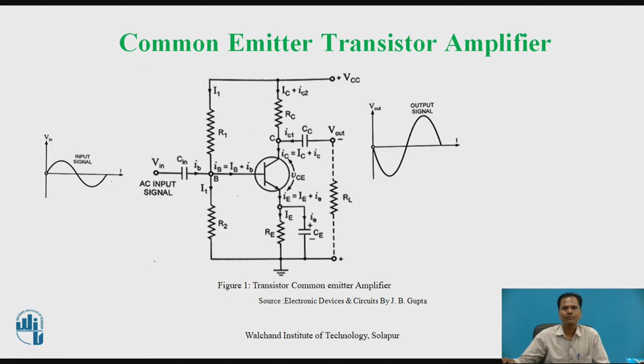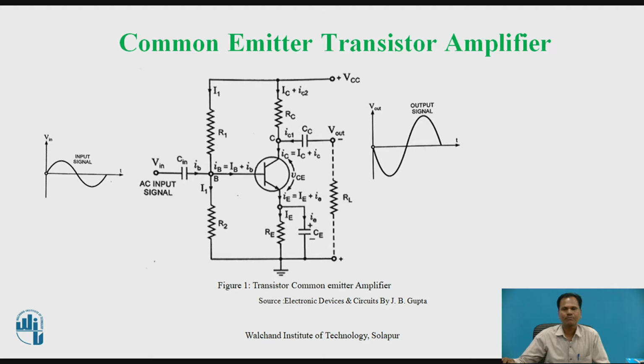Now, this figure shows the circuit diagram for a common emitter transistor amplifier. Vin is the input signal, a low level, small amplitude AC signal that is to be amplified, applied to the base of a transistor, and the amplified output signal is taken from the collector. R1 and R2, connected in series, act as a voltage divider biasing circuit used to forward bias the base emitter junction.